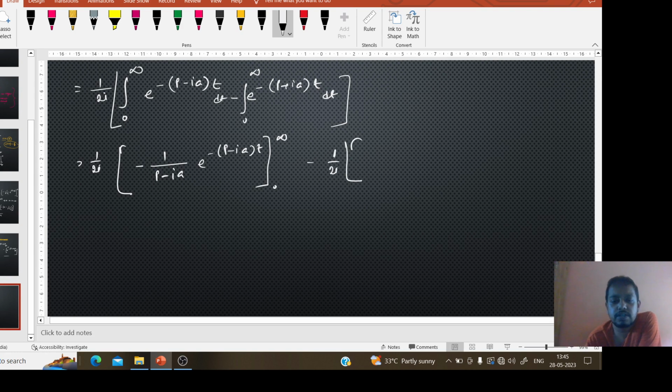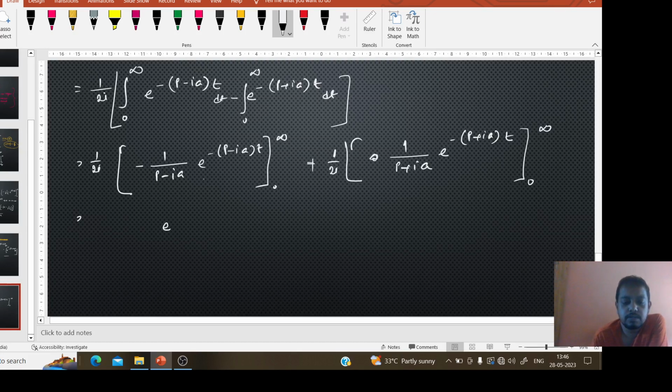And if we integrate, this will be plus 1 by (p plus ia) into e to the power minus (p plus ia)t, from 0 to infinity. Now say that this one also, that is e to the power minus p, tends to 0 as t tends to infinity.